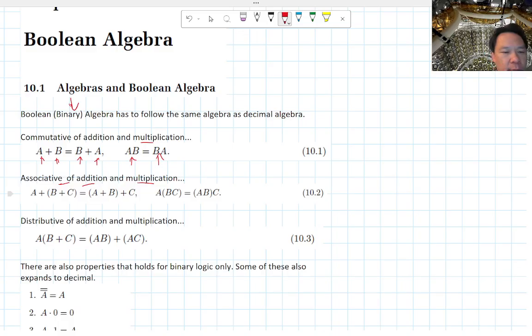It also follows the distributive rule, where A times the parentheses B plus C distributes to both of them and is the same as A times B plus A times C, okay? So these are the same rules that you have to follow in decimal, and we also have to follow, of course, in binary algebra, because otherwise the math would not make any sense.